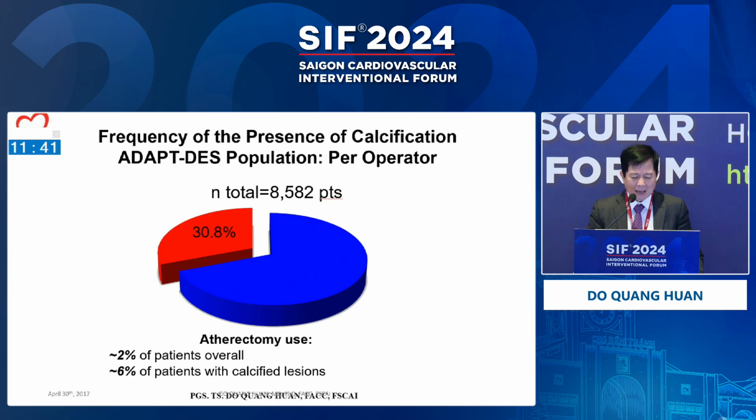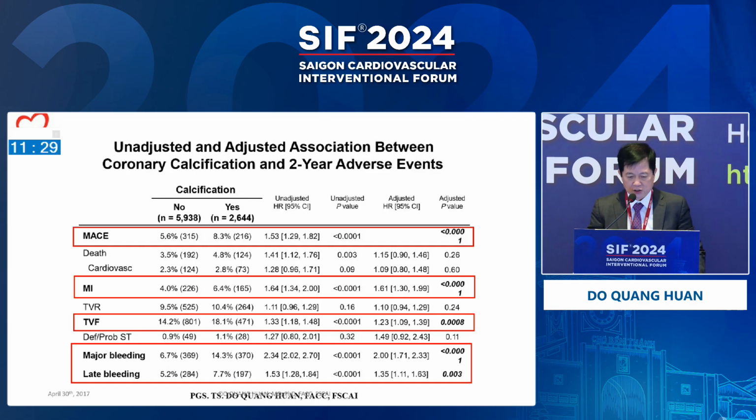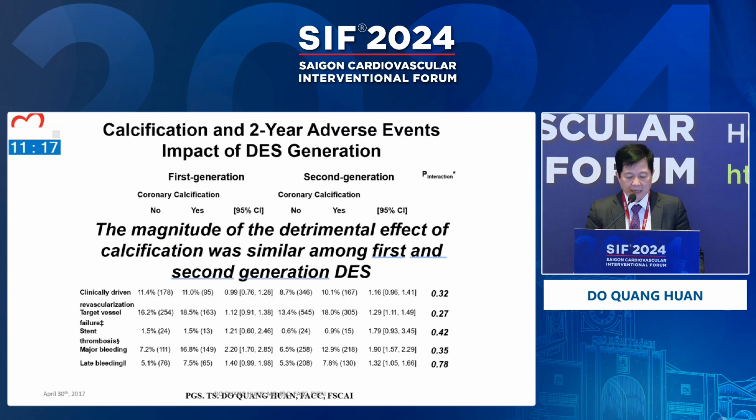In the ADAPT-DES population, totally nearly 8,500 patients, 30% of patients had moderate or severe calcified lesions. And we see that MACE, MI, TVR, major bleeding, and late bleeding occur more in patients with calcified lesions than non-calcified lesions.